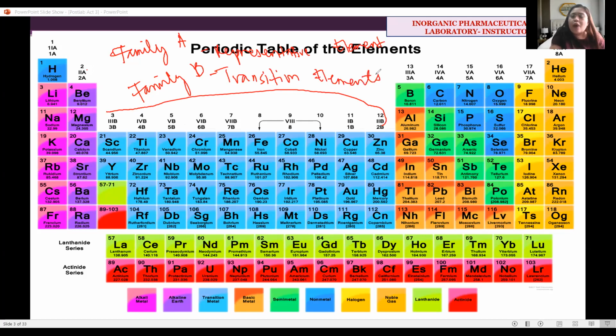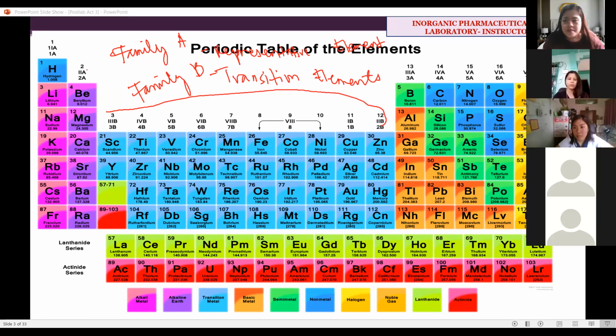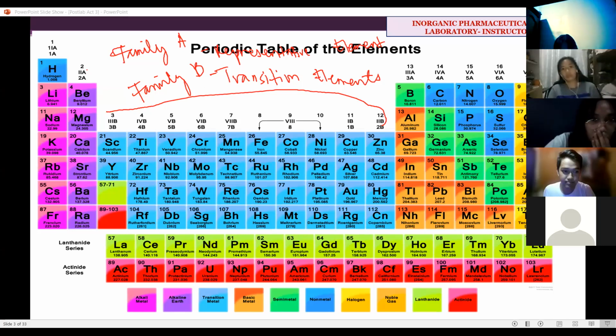Now, what I am asking you is to be familiar with the names of the elements and at the same time their symbols. Again, let me remind you, last time I told you to familiarize the names and the symbols, but I'm not asking you to memorize the atomic number and the atomic mass. Names and symbols only.